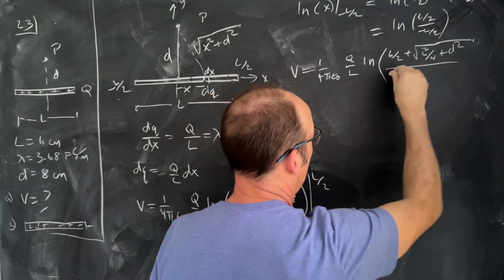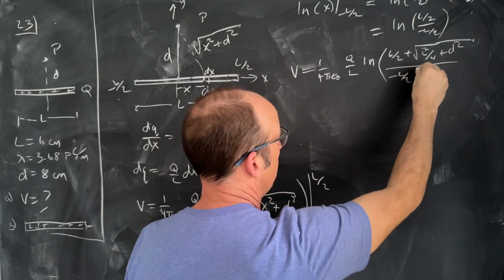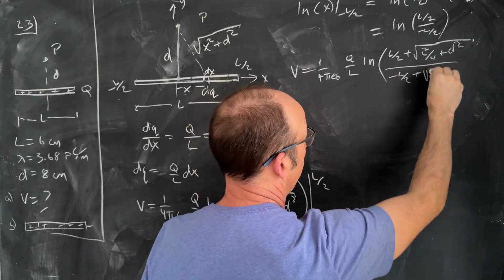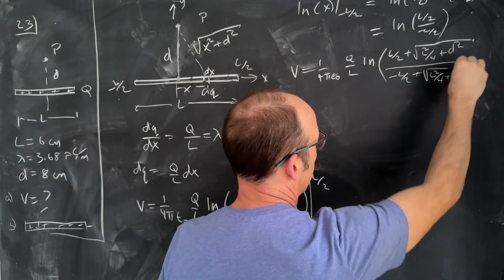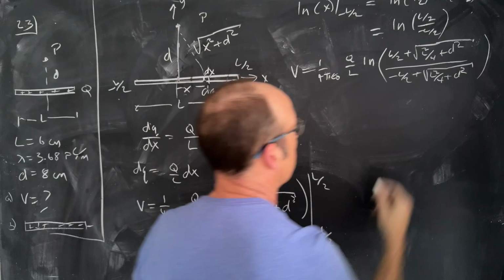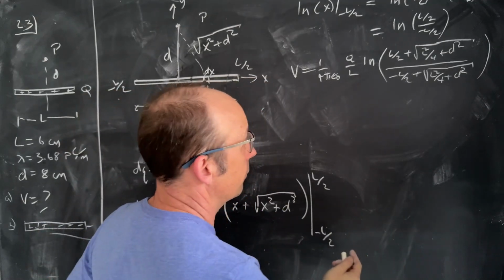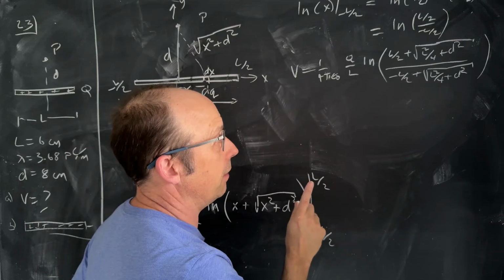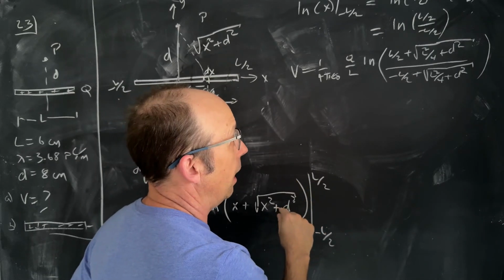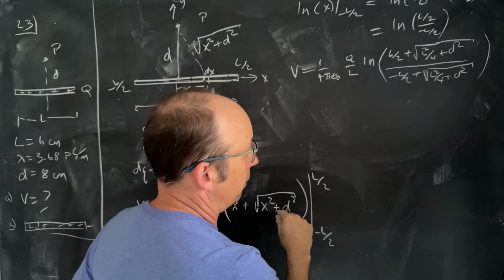And then on the bottom, I have negative L over 2 plus the square root of L squared over 4 plus d squared, because that one's squared, so it doesn't really matter. And you see the units work out, and it's a good thing. I think I'm just going to leave it like that. It's a terrible format, but I will leave it like that.